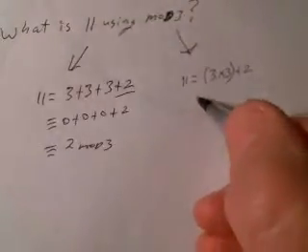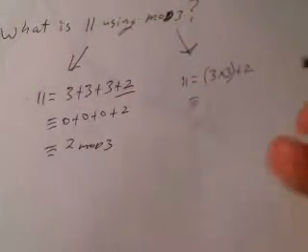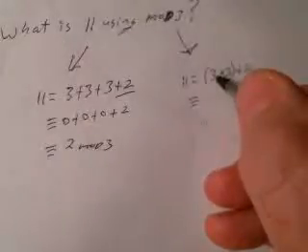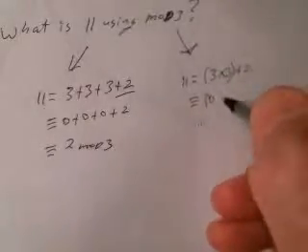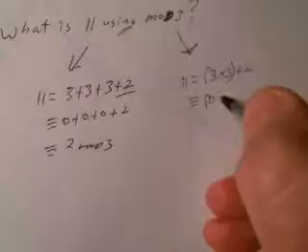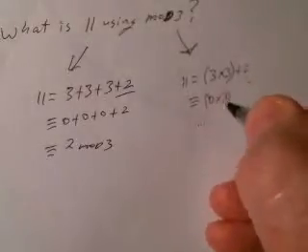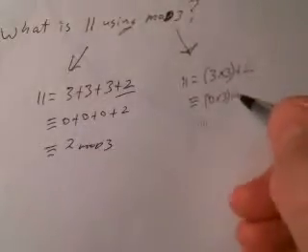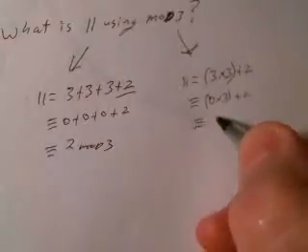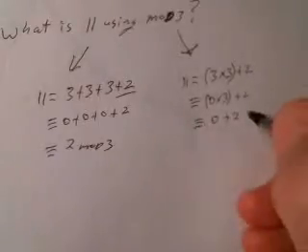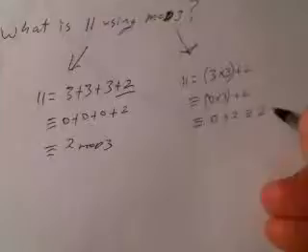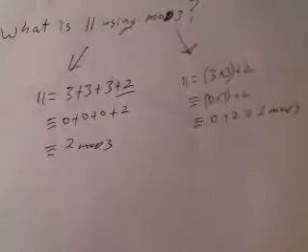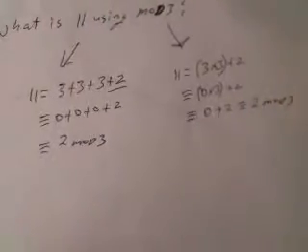So this is equivalent to 0 times 3, plus 2, which is equivalent to 0 plus 2, which is equivalent to 2 when you're doing mod 3. Of course, again, the importance of making sure that you've got the mod along with it.